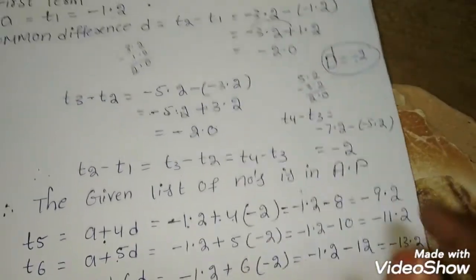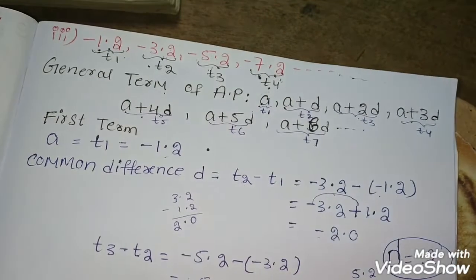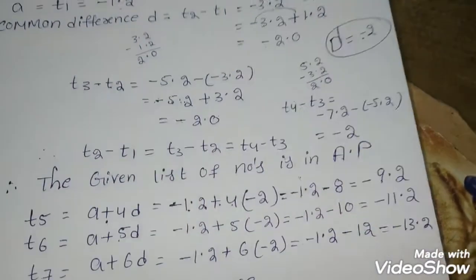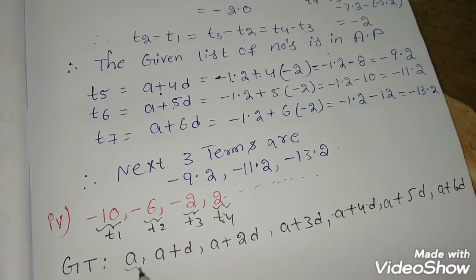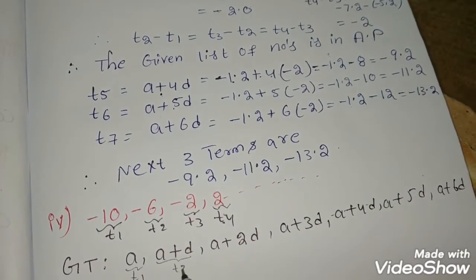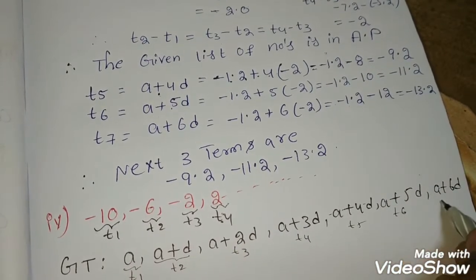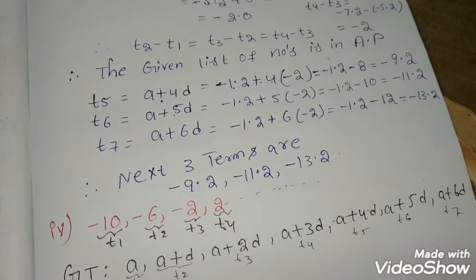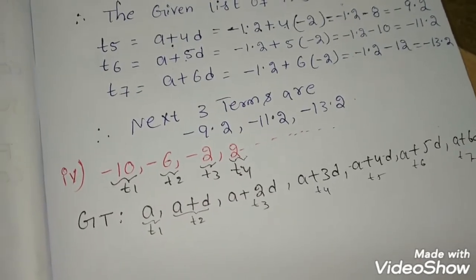Here I forgot to write a plus 6d. Please check once. So this is term 1, term 2, term 3, term 4, term 5, term 6, term 7. No need to write like this, just for the sake of understanding, I am writing here.